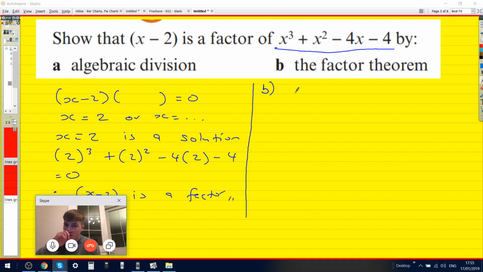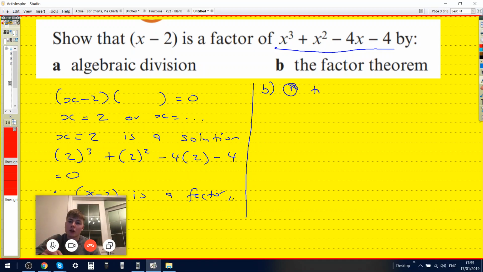I'd start with. No, I don't know. So you would try different numbers for x until you find one that gives you 0. And then what would you do?